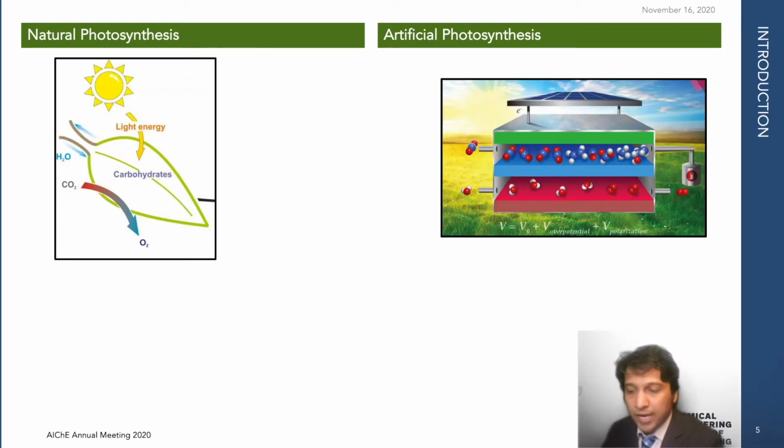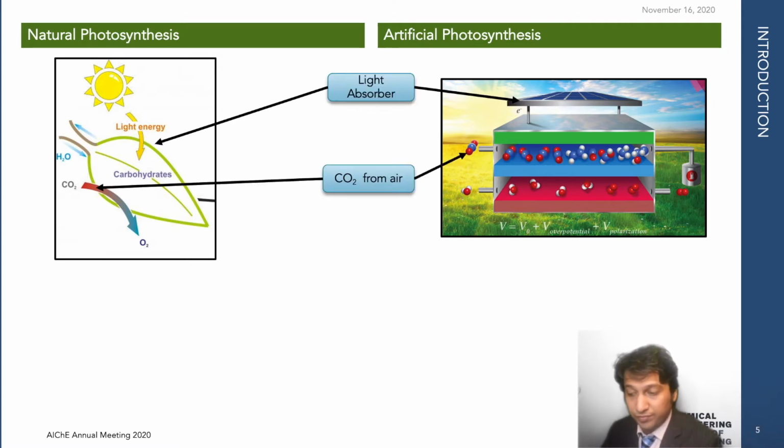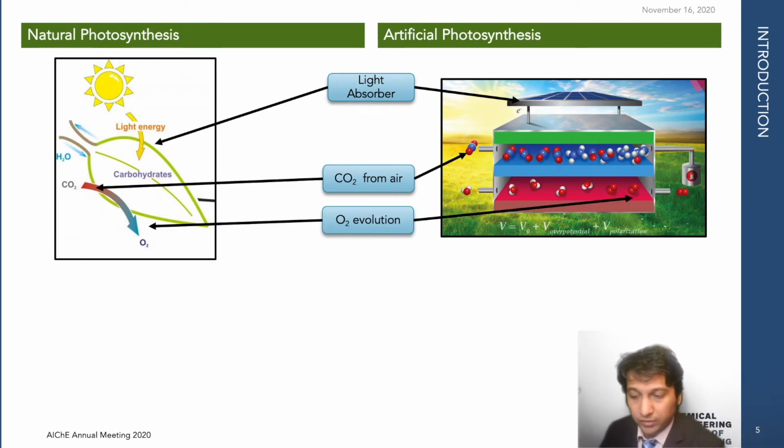So let's look at the comparison between natural and artificial photosynthetic processes. Both have a light absorber. In plants, it's chlorophyll, and in the artificial photosynthetic device, it's the solar panel, or the light absorber. Then CO2 is captured using stomata.